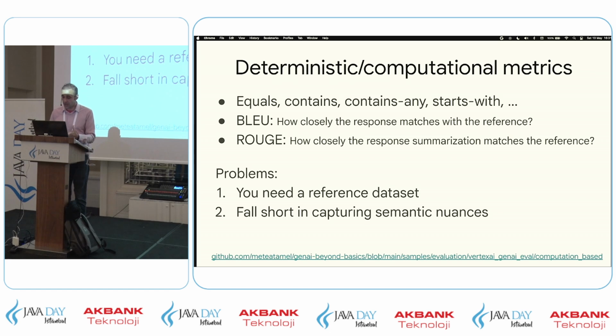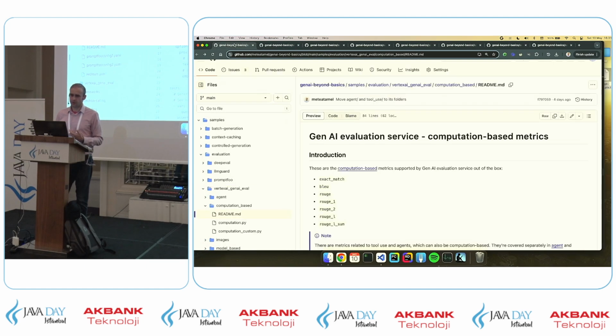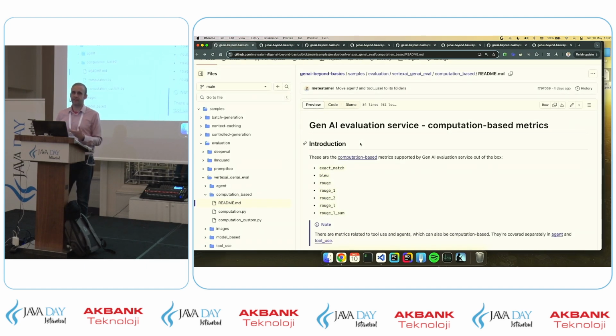Actually, I'll show you an example of this. All of the examples I show are in this GitHub repo that I have, and I have the links in the presentation, so if you want to get to them, just follow the links. But let's look at one computational metric and see how that works. In this case, I'm using the Gen AI evaluation service from Google Cloud, but you can use DeepEval or others as well.